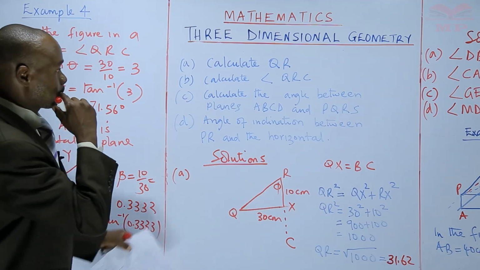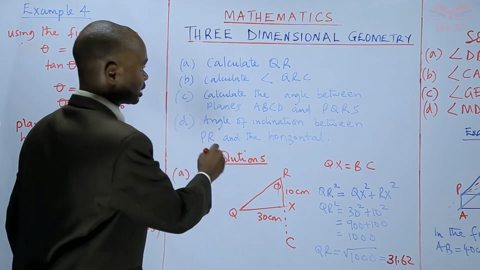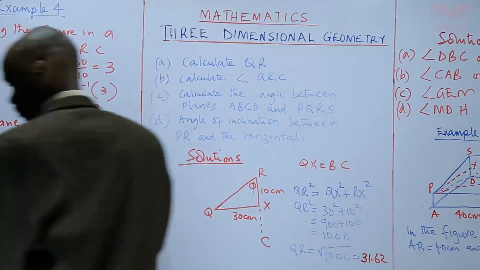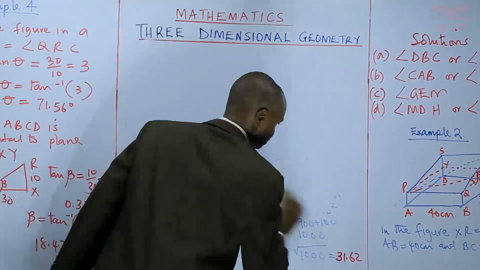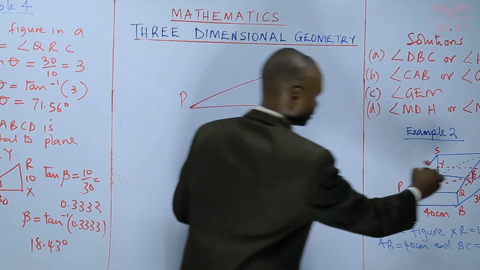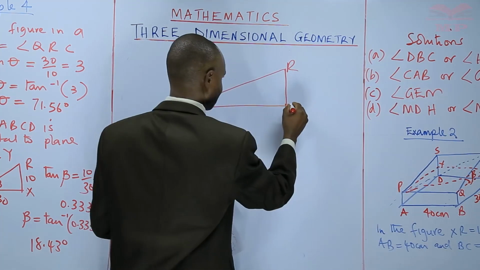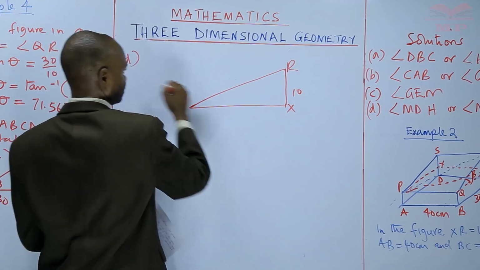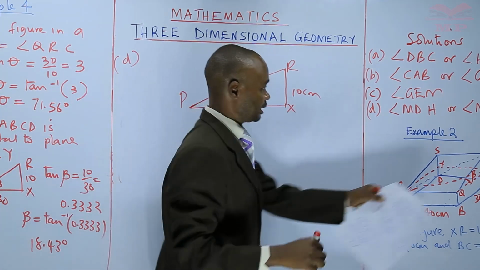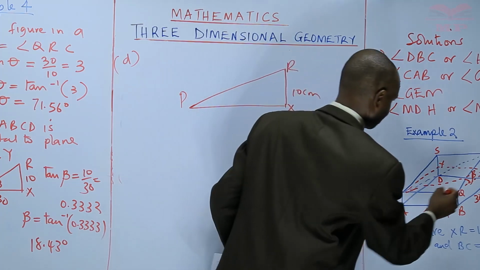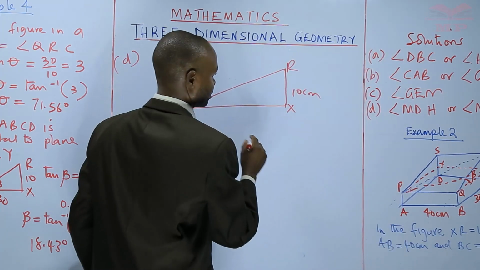That's the angle. Now the angle of inclination between PR and the horizontal. So this is PR, and this will be X, RX. RX is 10, but I need to find PX.